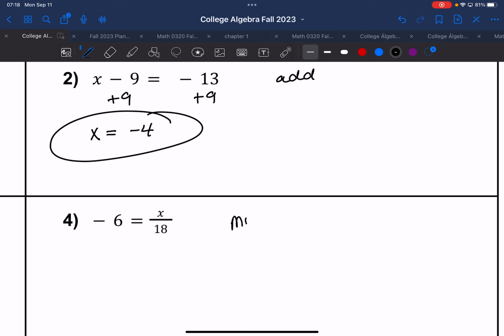Multiply. And what are we multiplying? If we multiplied by the reciprocal, that would actually cancel out the x too, and we don't want to cancel out the x. We multiply both sides by 18, and we get x is equal to negative 108.